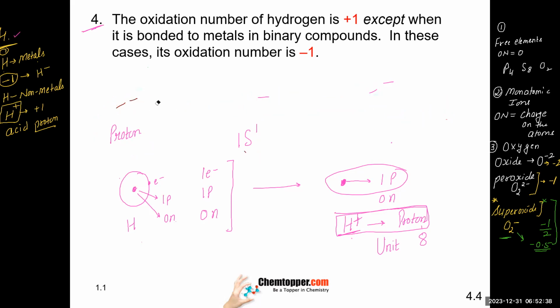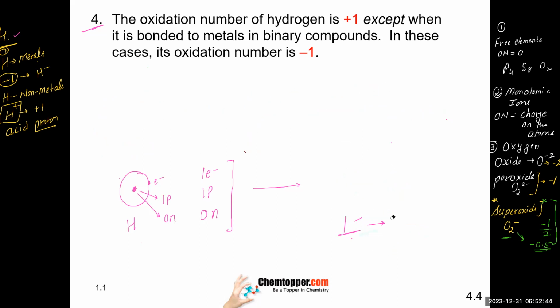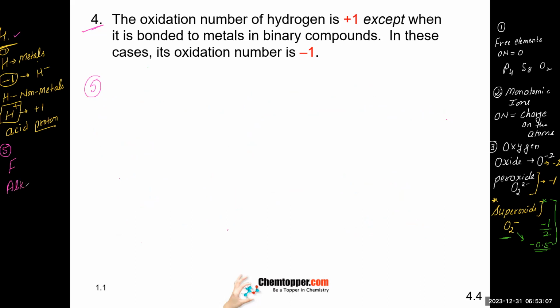Okay. Up to rule number 4, everything is specific about a particular element, ion, free element like this. Now rule number 5. Rule number 5 is for fluorine, alkali metals, and alkaline earth metals.